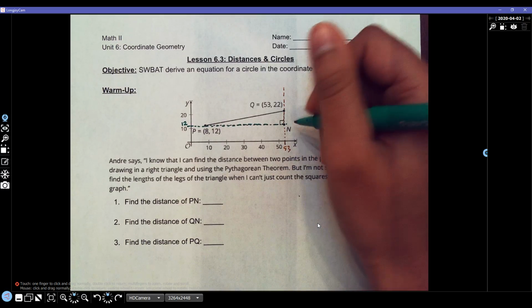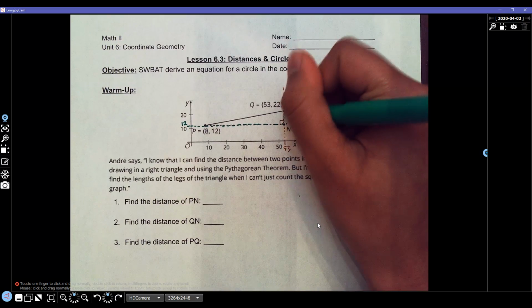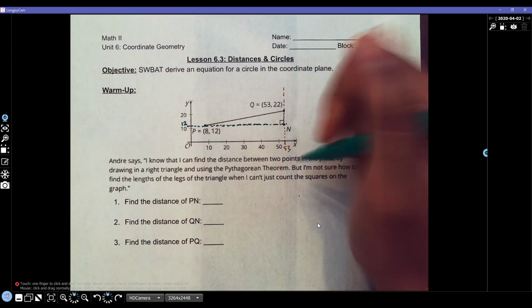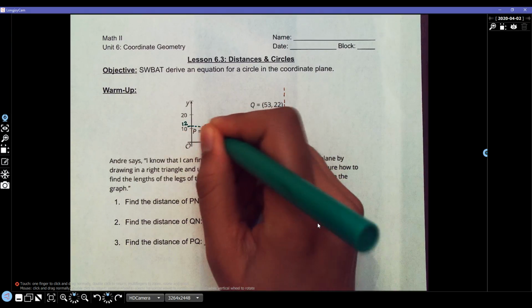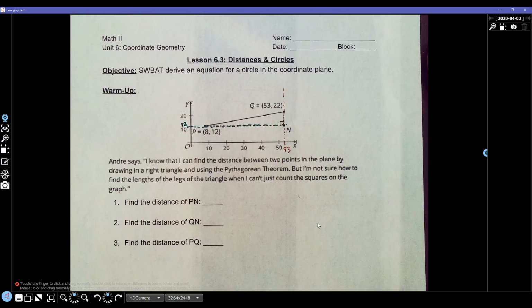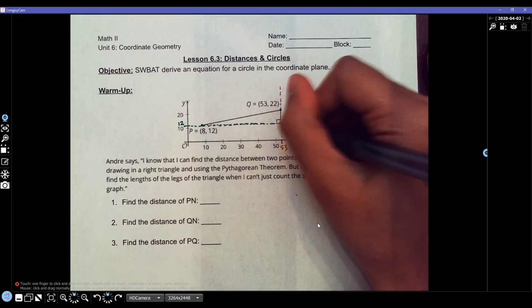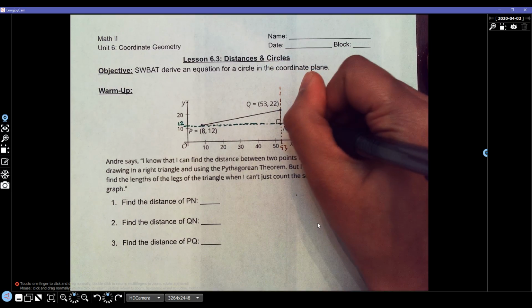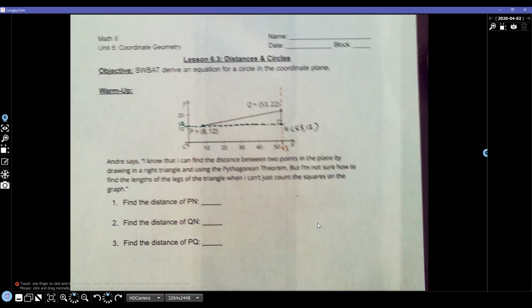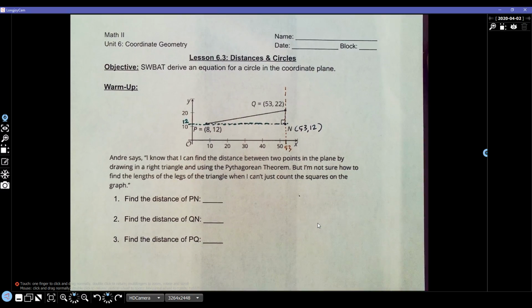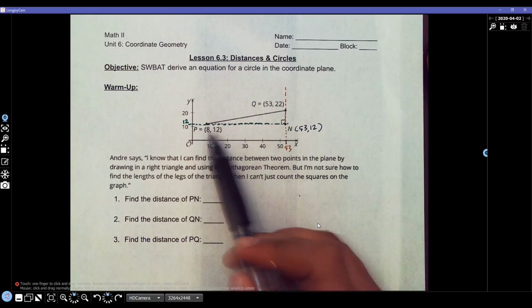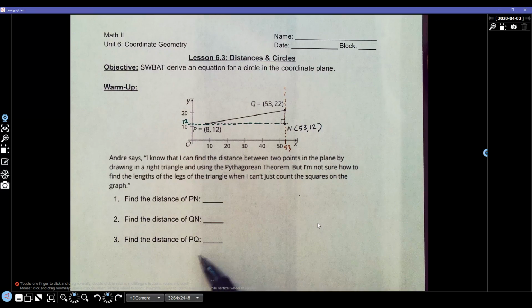So we've got x equals 53, and then we've got the y value at 12. So I'm going to write this down as our coordinate pair for N, which is 53, 12. Okay, so now we need to start to find the distance of PN, QN, and PQ.